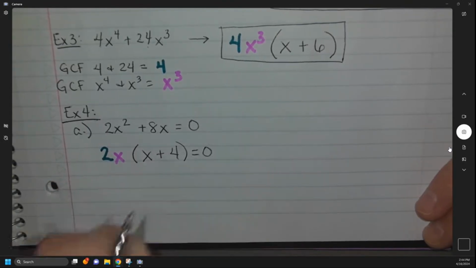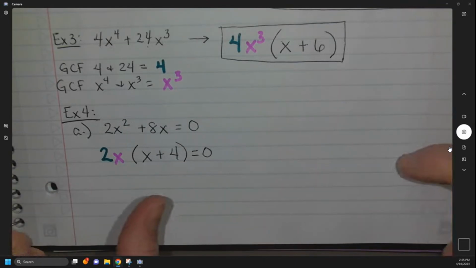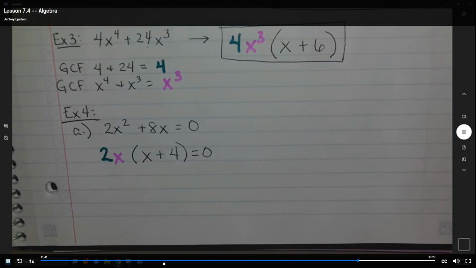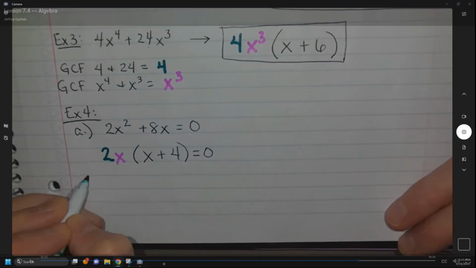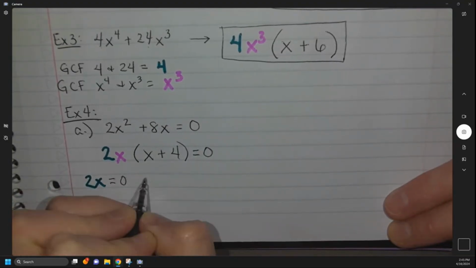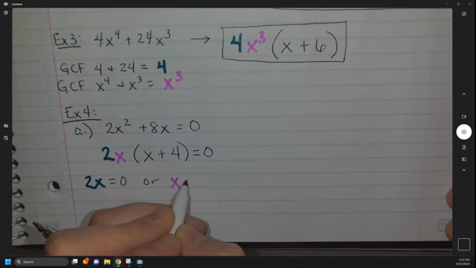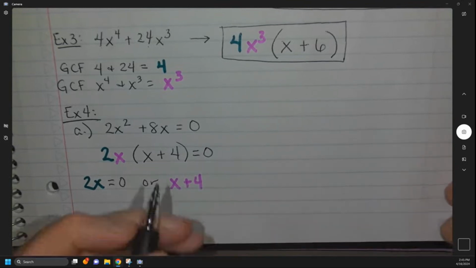Still equal to 0. So our factors are 2x and the quantity of x plus 4. We're going to break it into our two sections. So I have 2x equals 0, or x plus 4 equals 0.